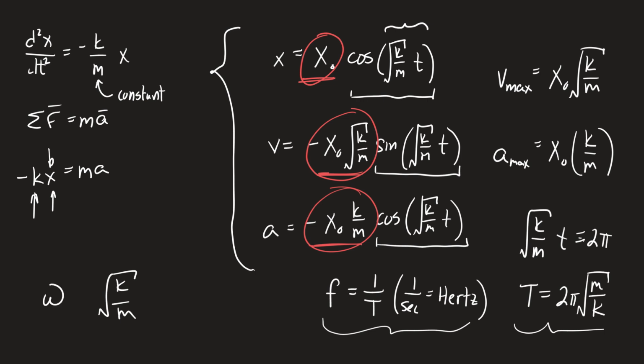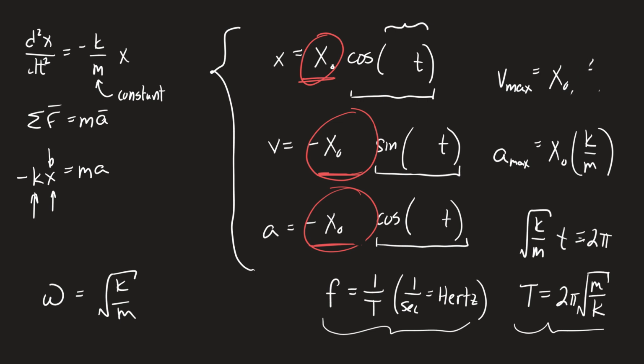called the angular frequency. We're going to use omega for it again. And we're going to replace all of these square root k over m with a generic placeholder called the angular frequency. I'm just erasing them. If I were you, I would probably just rewrite them.